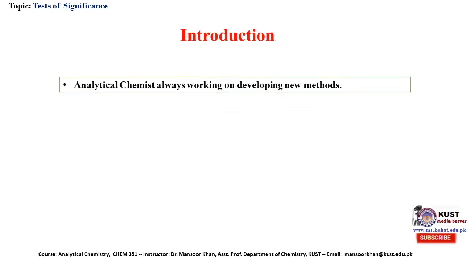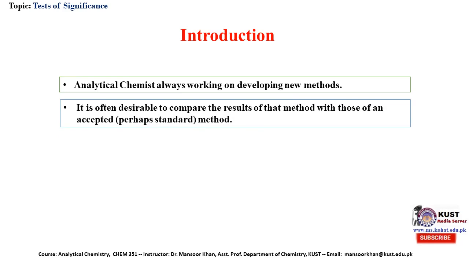The first one is introduction. As we know, analytical chemists are always working on developing new methods. They are always in search of the most accurate, precise and simple methods for analysis.